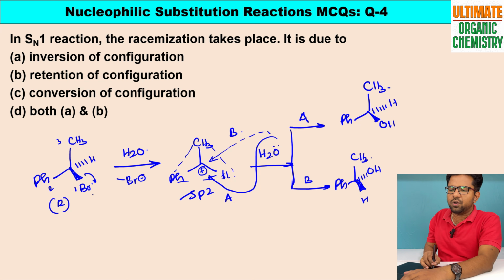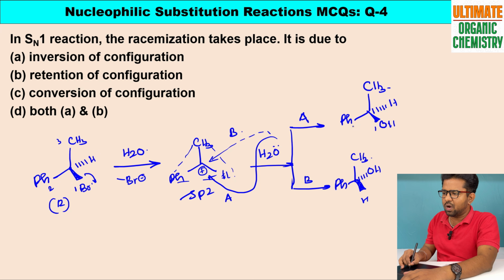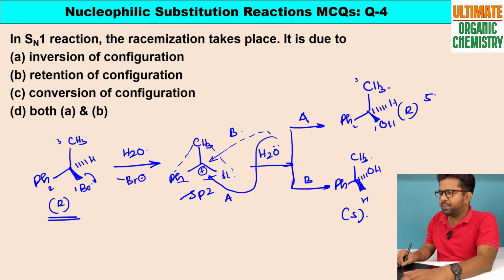Now if you look at the configuration of the products, the first product A configuration is 1, 2, 3, the configuration is R, and the second product configuration is S. So that means the reactant R is giving 50% R configuration product and 50% S configuration product.